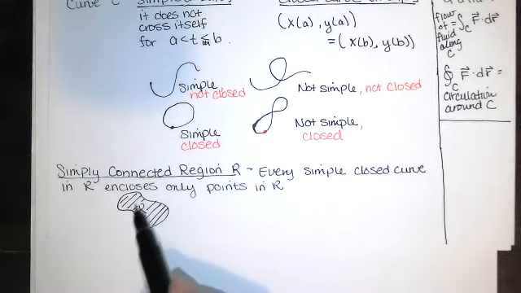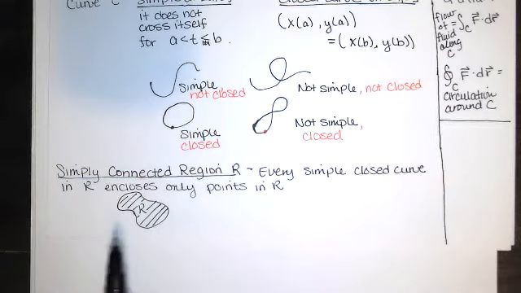If I have a curve in R and it stays entirely in R, it's never going to accidentally grab some points that aren't in R. So this is simply connected.